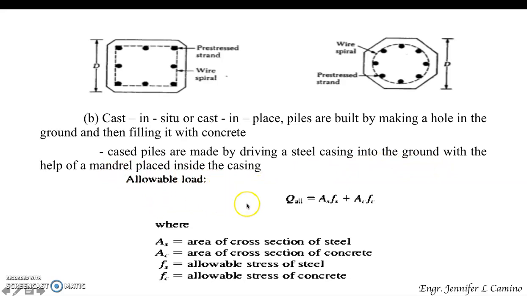For this one, the allowable load is equal to the cross-sectional area of the steel multiplied by the allowable stress of steel, plus the cross-sectional area of the concrete multiplied by the allowable stress of the concrete.